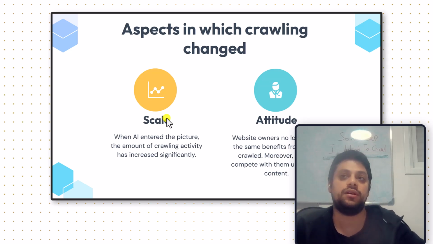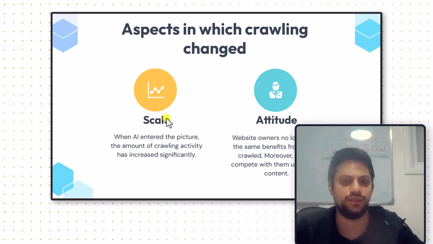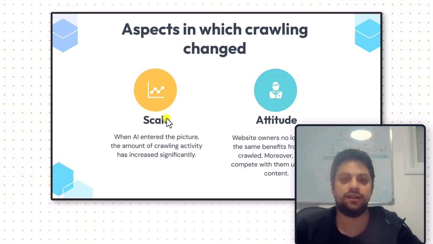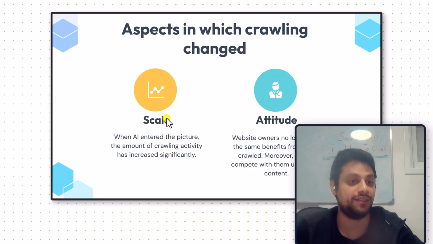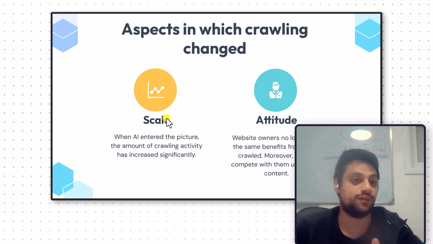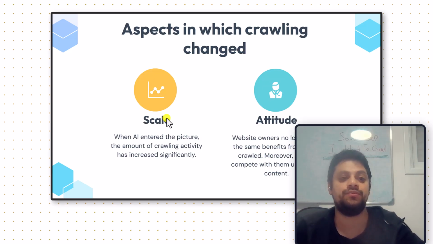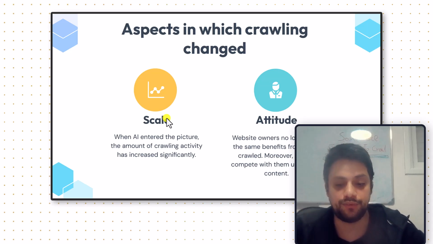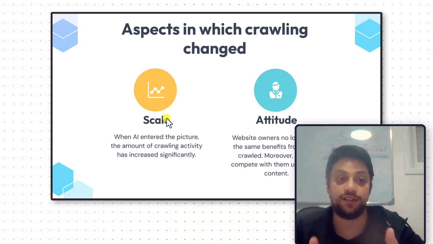But when AI entered the picture, this balance changed. There is no longer mutual gain from both sides. AI models use their content for training, but give them nothing in return, for example, a credit or a reference to their website, or compensation. And not just that they don't get any benefit from it.